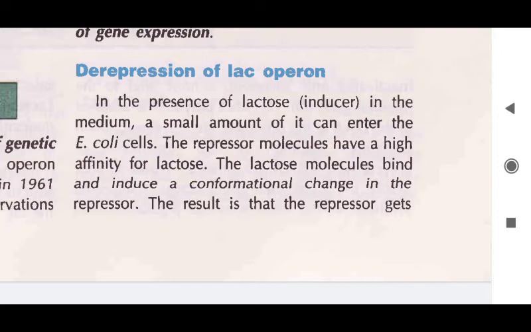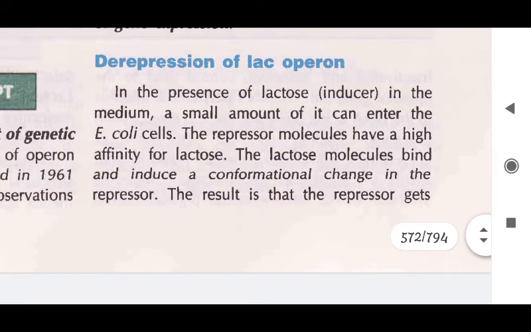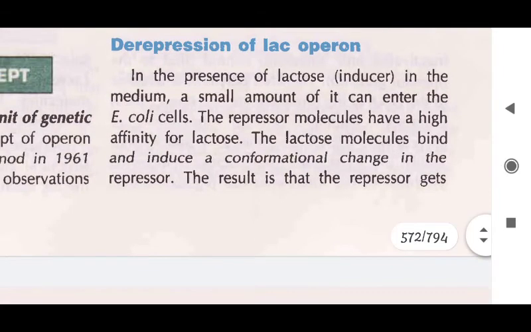As the repressor has a high affinity for lactose, as you can see in these writings, lactose molecules bind and induce a conformational change in the structure of the repressor. So it binds with the lactose.